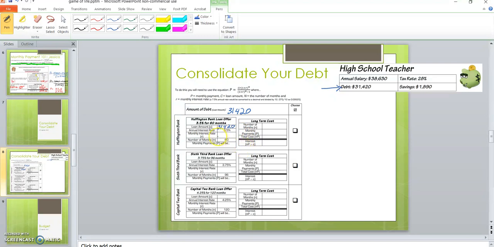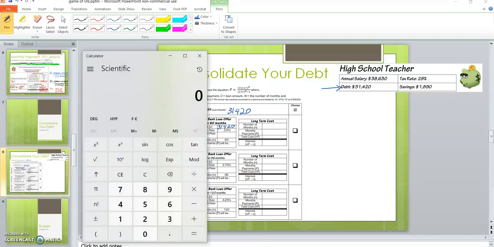Now, just like in the previous lesson, the very first thing I want to do is to calculate the monthly interest rate. So my annual interest rate is 3.5, but what I'll have to do is divide by 100 to make it into a decimal, and then I'll have to divide by 12 to figure out the monthly interest rate.